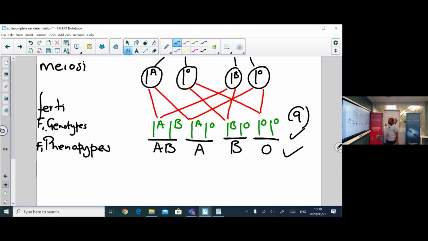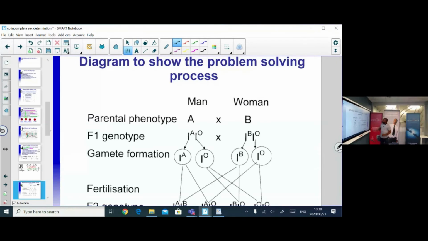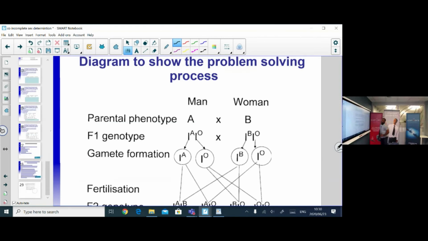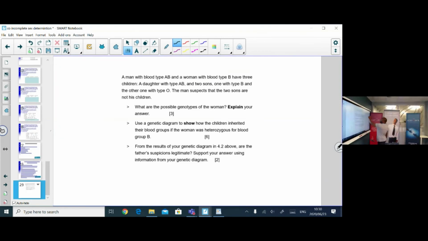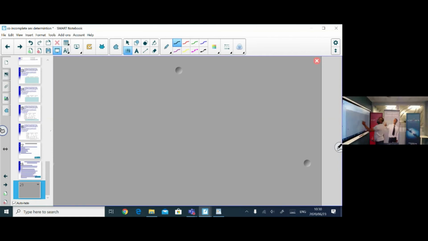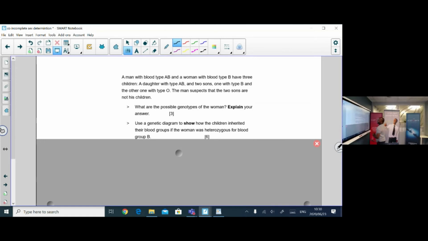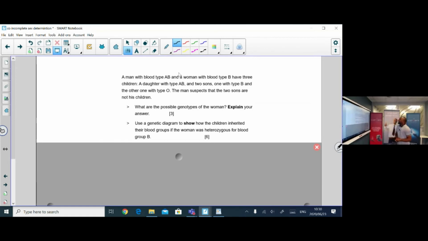I should give you another example as homework. I want you to read this question and take it down for me. A man with blood type AB and a woman with blood type B have 3 children.